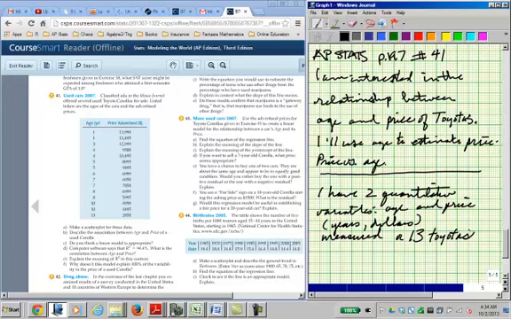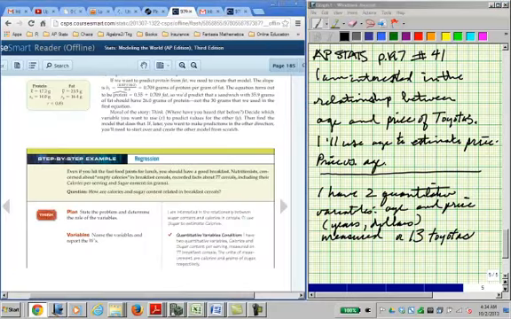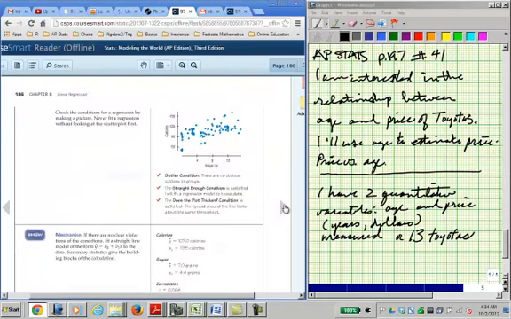Okay. Now, if we go back to the step-by-step business here, we'll see that the next thing we got to do is check the conditions for regression by making a picture.